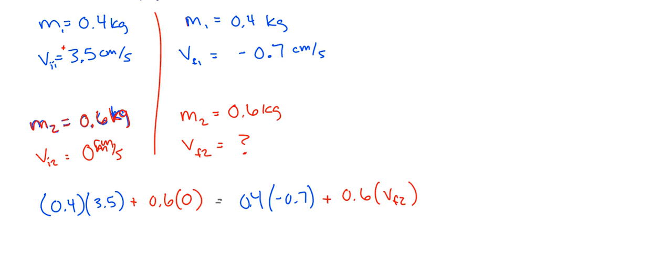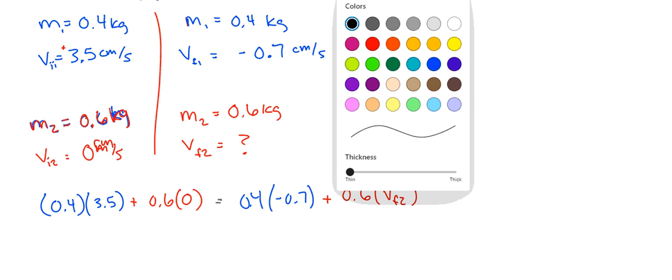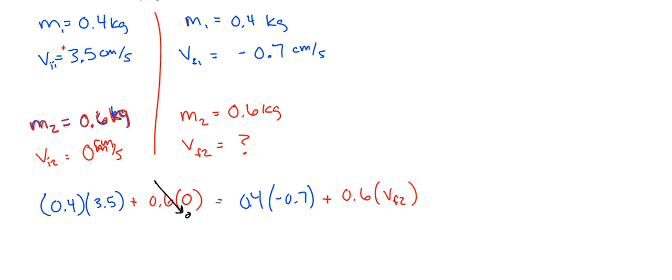All right, so at the beginning, one of these things doesn't have any momentum, so no bother to continue writing that down. Anything times 0 is 0, and that means it goes away. So we'll have 1.4 kilograms times centimeters per second of momentum at the beginning. That means at the end we have to have the same amount.